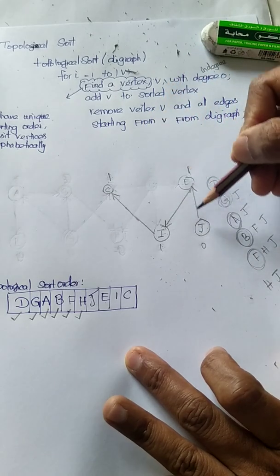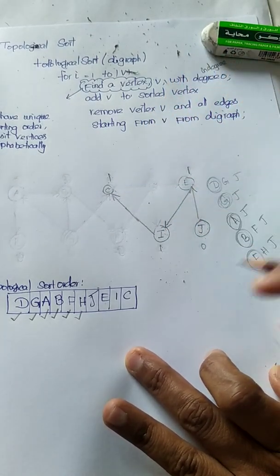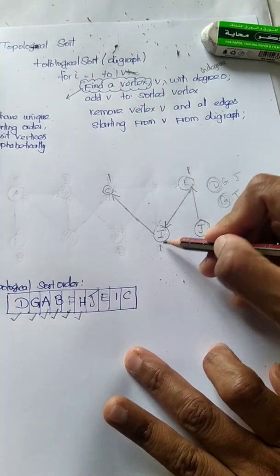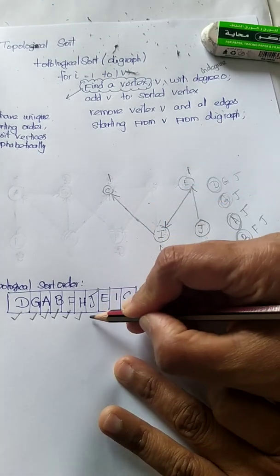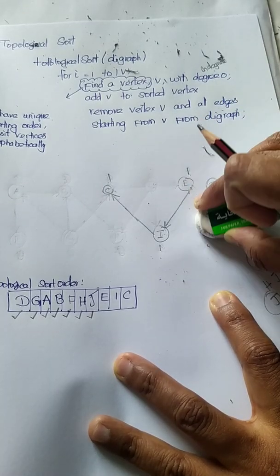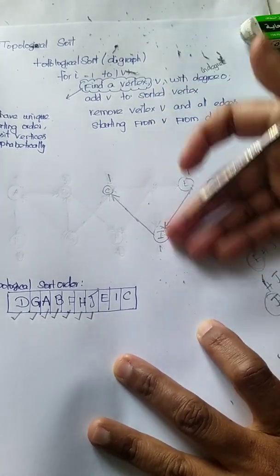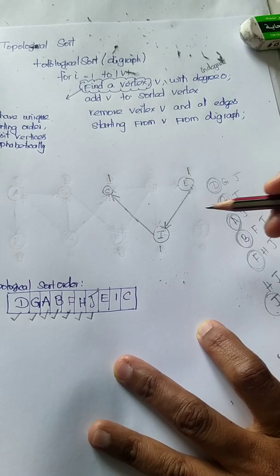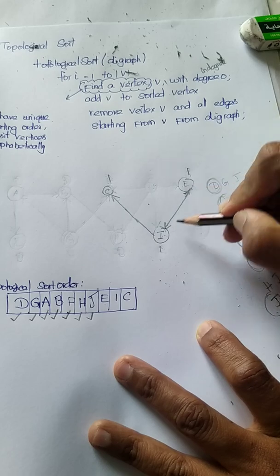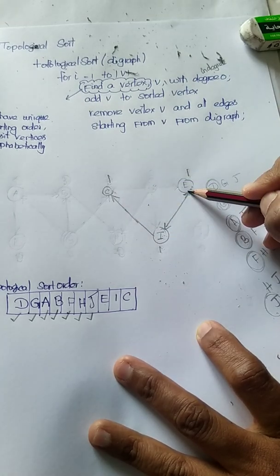And find out which of the vertices having in degree 0. J only, because the rest are all 1. So visit J. Whenever you visit that particular vertex, remove the vertex from the graph, also the associated outgoing edges.